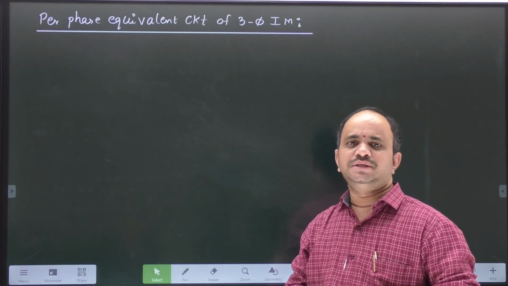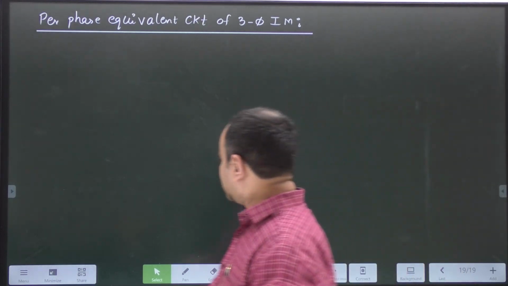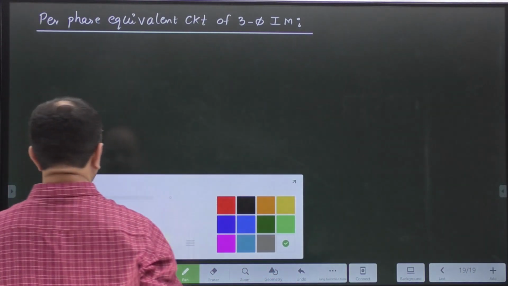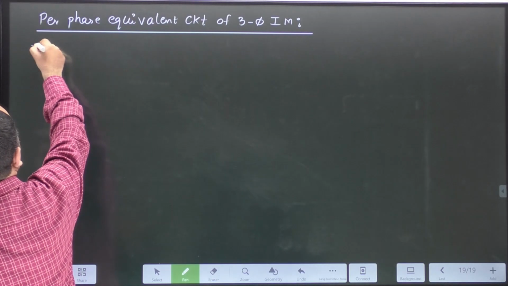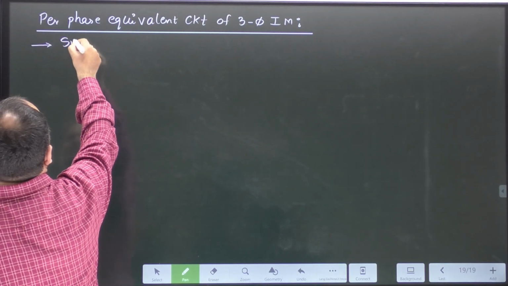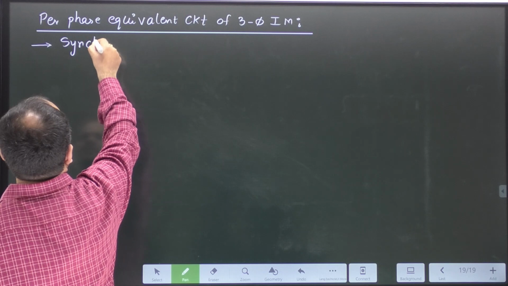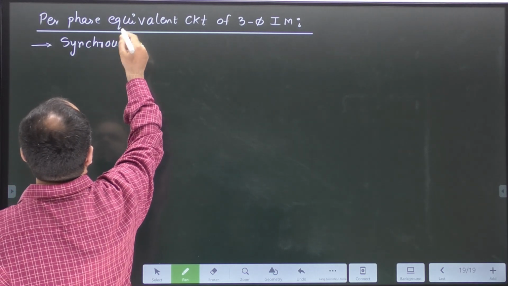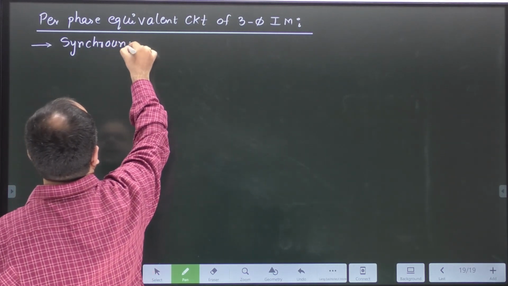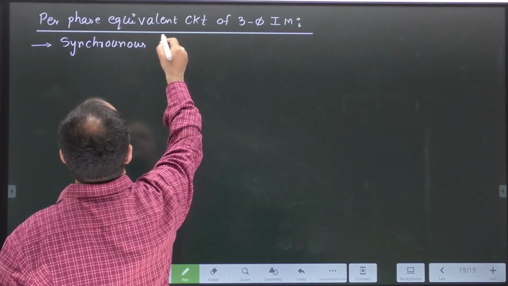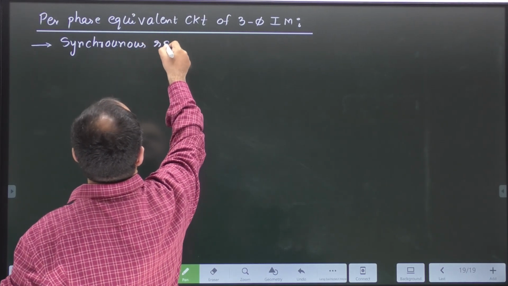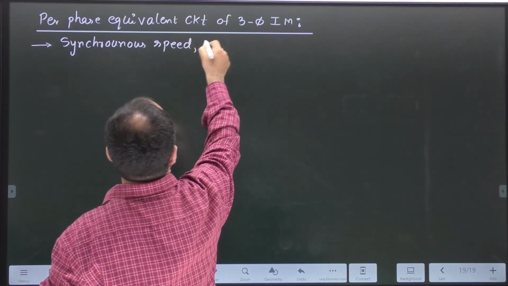is called synchronous speed. Okay, so what are the key words in this particular topic that we need to understand? Synchronous speed. The magnetic field in the air gap will rotate at synchronous speed.